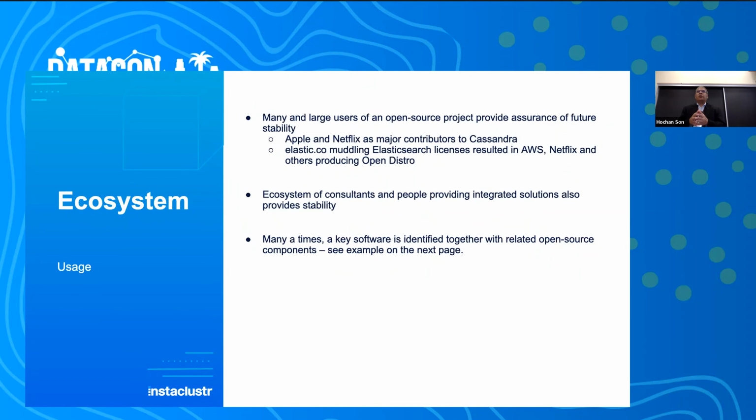And why do Apple and Netflix use it heavily? Because they are using it for their own systems. If they need a feature, they will collaborate and add that feature. They will excite the community. So it's a very stable company and a stable product. So from an ecosystem perspective, I will bet on Cassandra because it is backed up by these large corporations. Similarly, for other software, you can see who the committers and backers are.